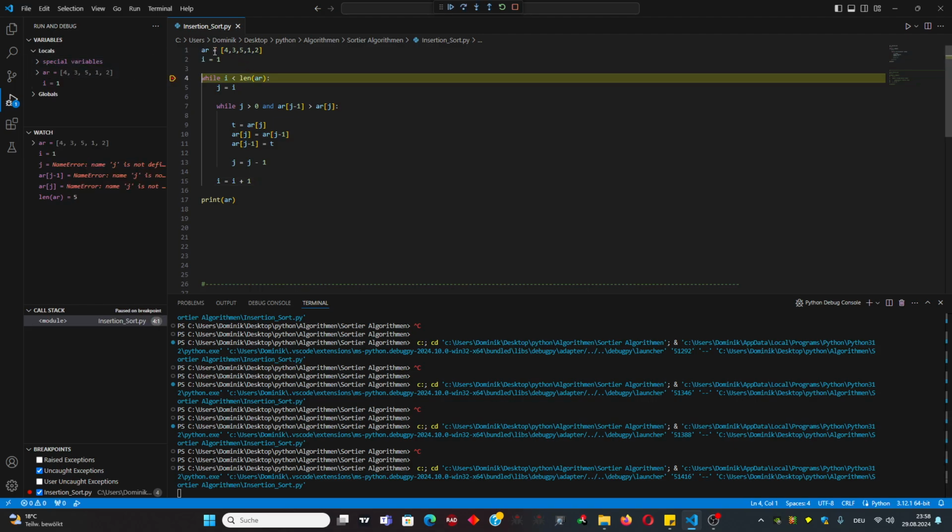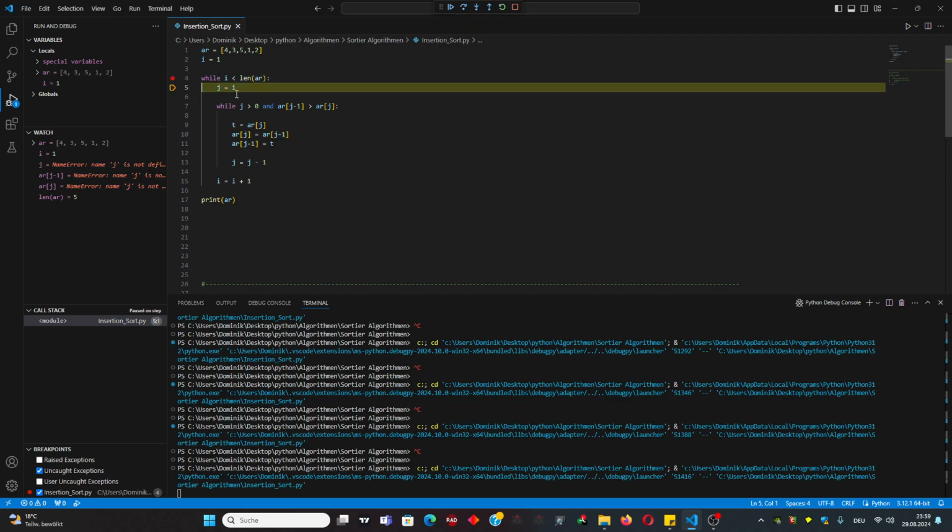In the algorithm, the variable I gets set to 1, and we keep executing this whole algorithm while I is holding a lower value than length of AR. So length of AR is holding the value 5, I is 1, and that means that we will execute the algorithm.